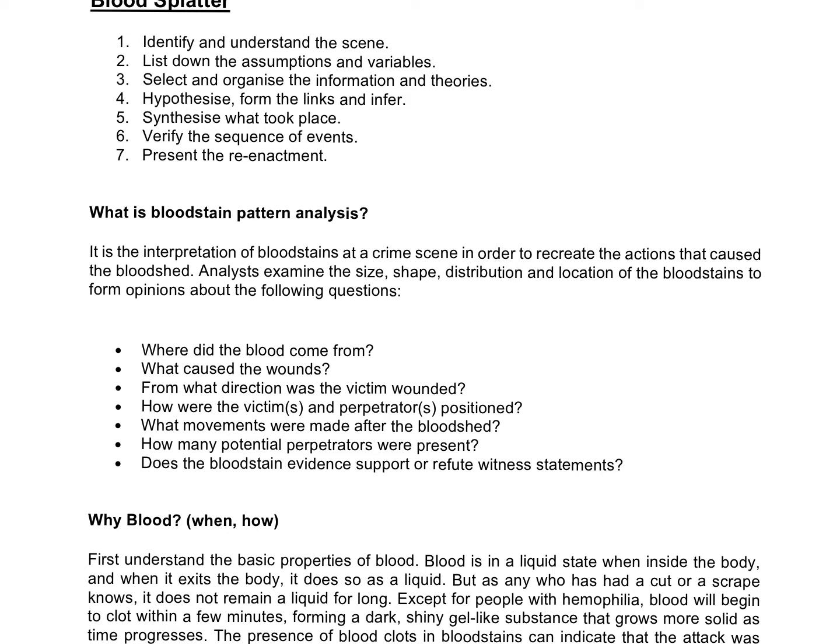So analysis will examine the size, the shape, the distribution, and location of the blood stains to form opinions about the following questions: where did the blood come from, what causes the wound, from which direction was the victim wounded, how were the victims and perpetrator positioned, what movements were made after the bloodshed, how many potential perpetrators were present, does the bloodstain evidence support or refute witness statements.